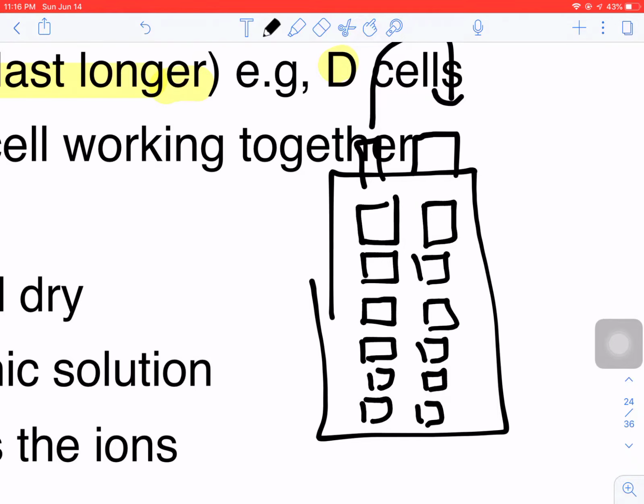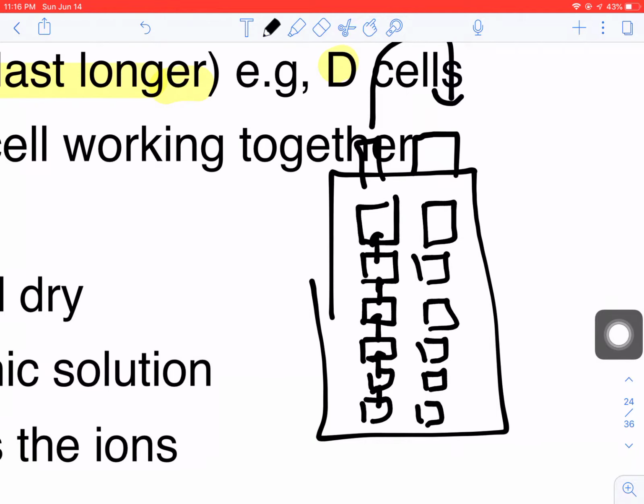So electrons are going to travel up from here into the next cell, into the next cell, and they're going to continue going through each cell, gaining more potential, gaining more energy as they go. So by the time they come out of the top of this battery, this is actually a battery, the other one was not a battery, it's carrying 9 full volts of potential, and then the electrons are going to return back to the 6 chambers on this side, which is where my half cells are.